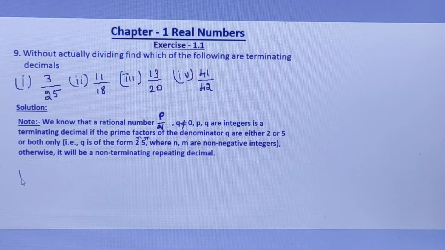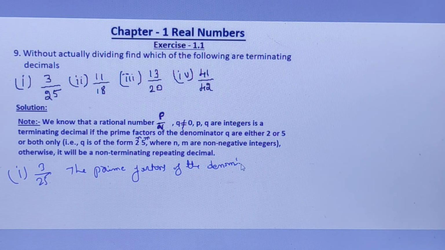Now solution to the first one, 3 by 25. Now the prime factors of the denominator 25 are 5, 5, since 25 can be written as 5 into 5, right?